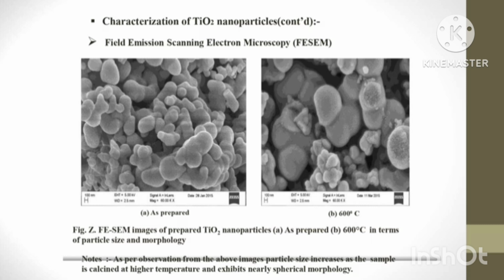In this you can also see how to write the notes: as per observation from the above images, particle size increases as the sample is calcined at higher temperature and exhibits nearly spherical morphology. Morphology means shape. It has spherical morphology.